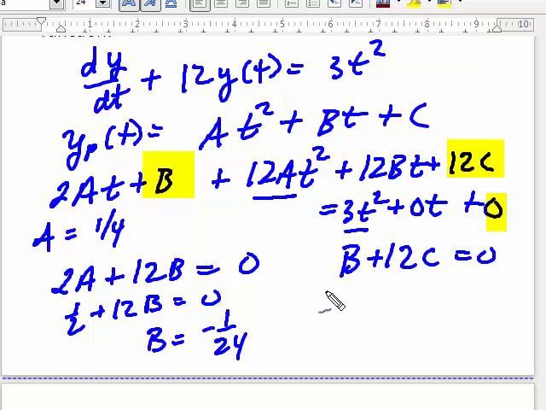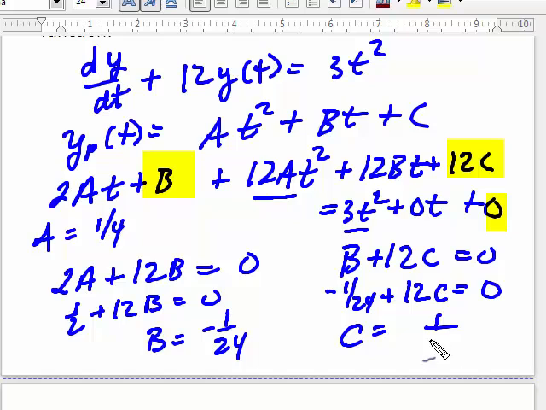And of course I get minus 1/24 plus 12c equals 0. So c is going to be 1/24 times 12, which we can work out ourselves. Now these are the coefficients right here, and I have determined them. And I didn't end up with two values of a.